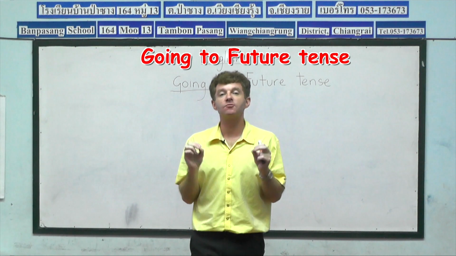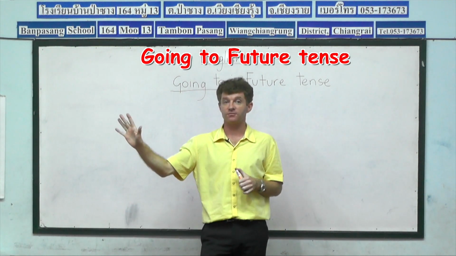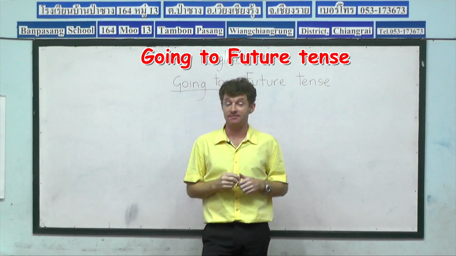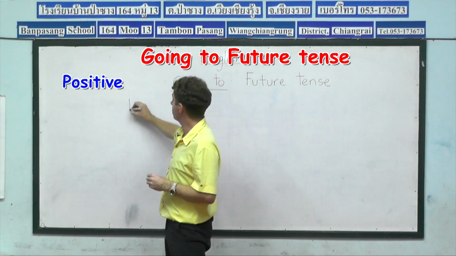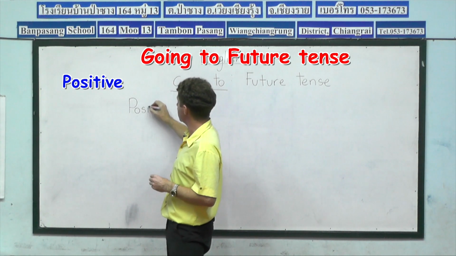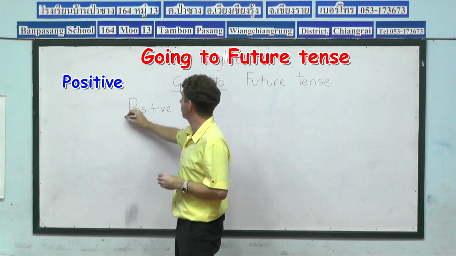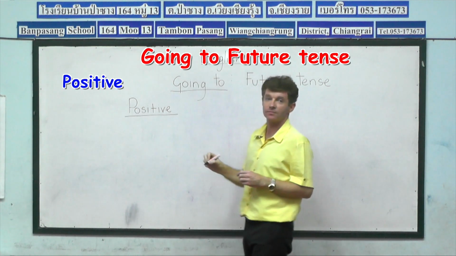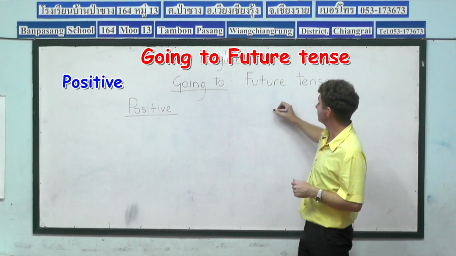And what we've learned so far is how to use going to with positive and negative phrases. So let's draw two columns on the board first. Positive, P-O-S-I-T-I-V-E. Positive. And next we'll learn about negative.